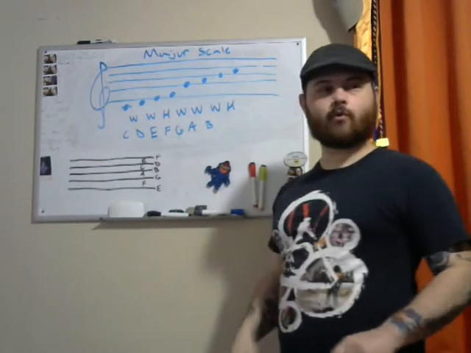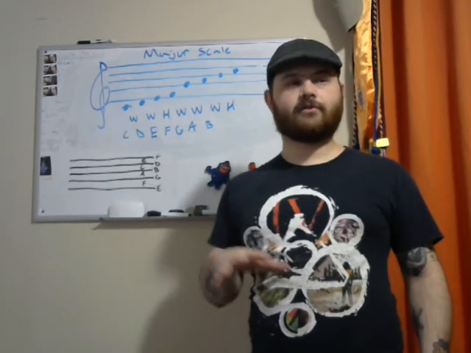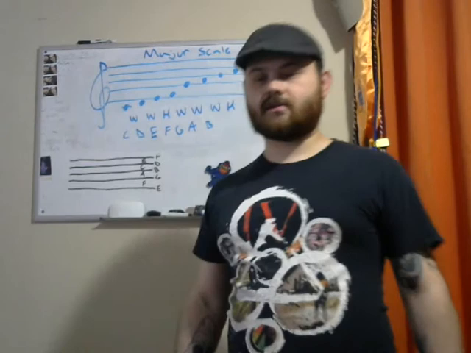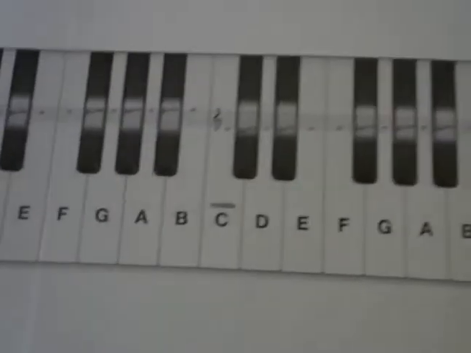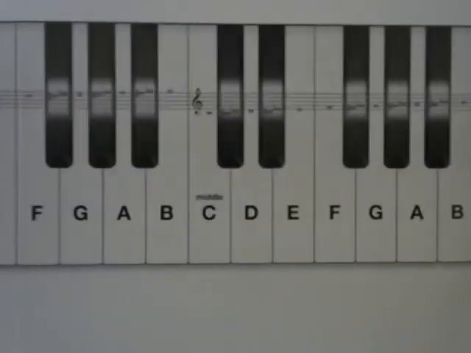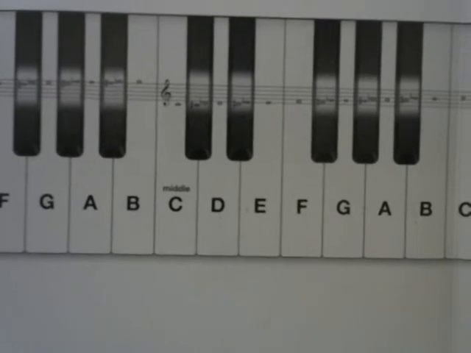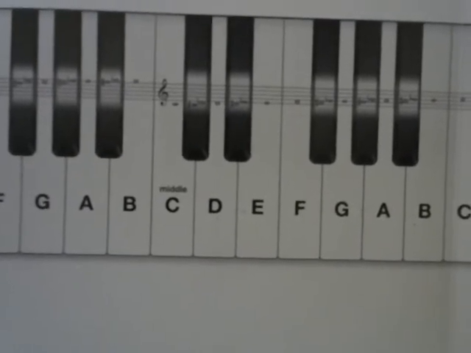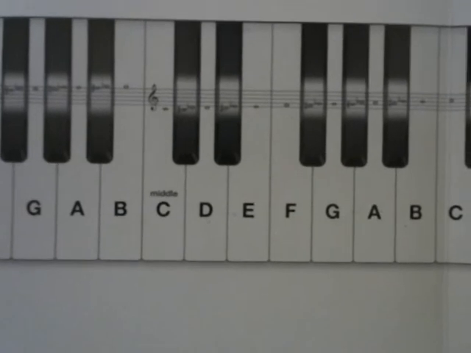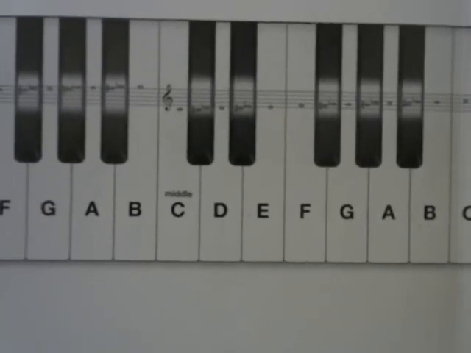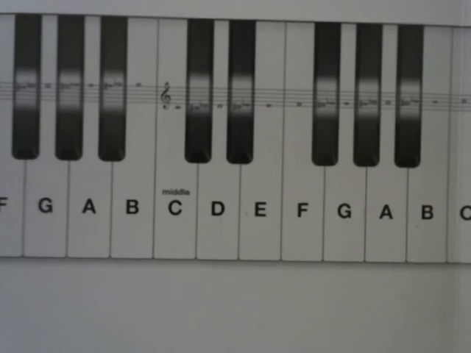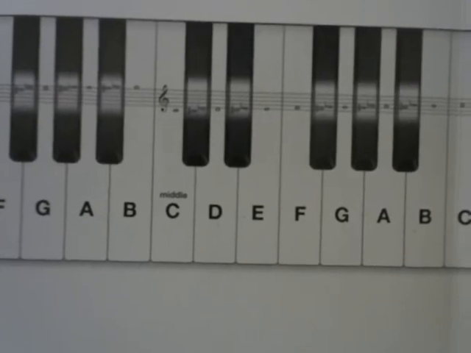Now let's build one more major scale starting on a different note. Let's start on G, for example. Start on G, right there below middle C. So let's go a whole step, which is 2 notes. So G to A is a whole step. And then remember, it's another whole step. A to B is a whole step. So whole, and then half.